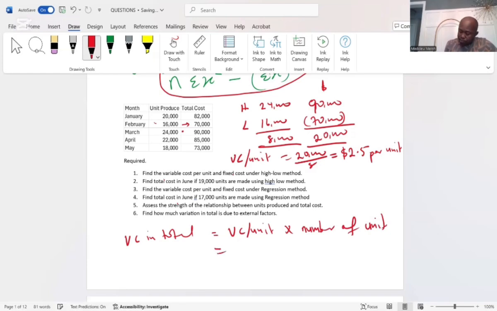My variable cost per unit here is 2.5, multiplied by number of units. Which unit do I want to use, high or low? Whichever you choose is good. So let's go with low, which is 16,000 units.